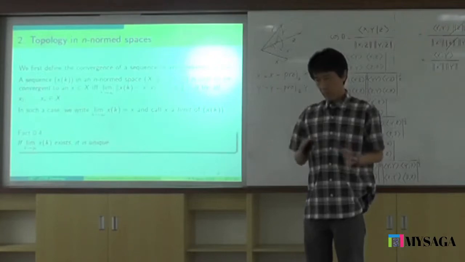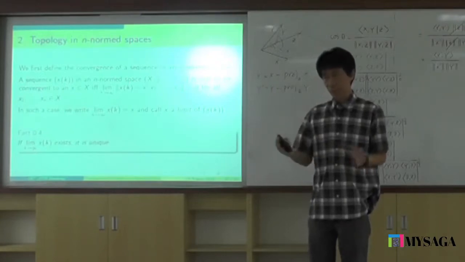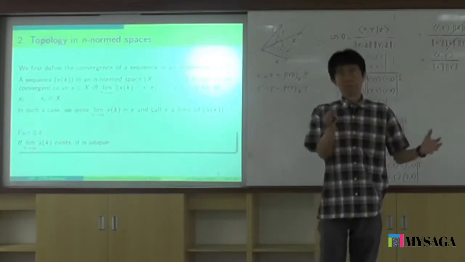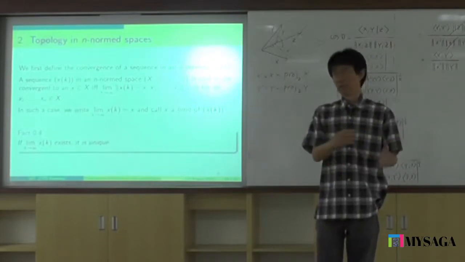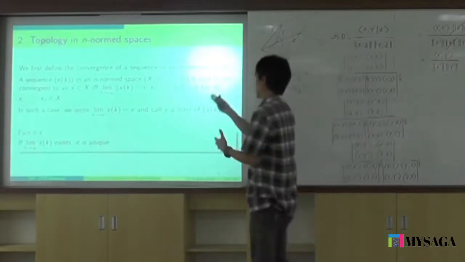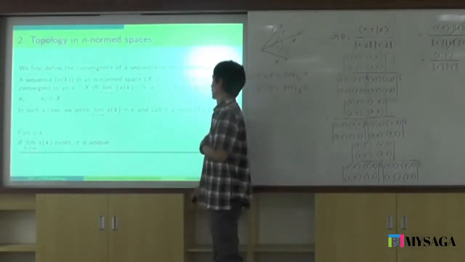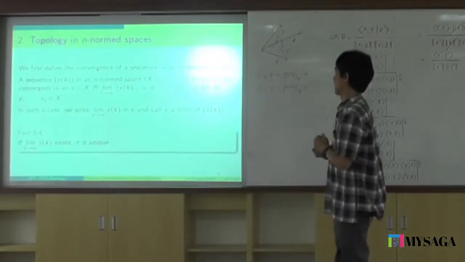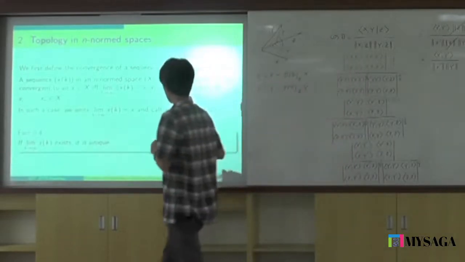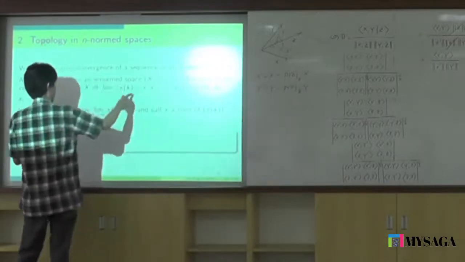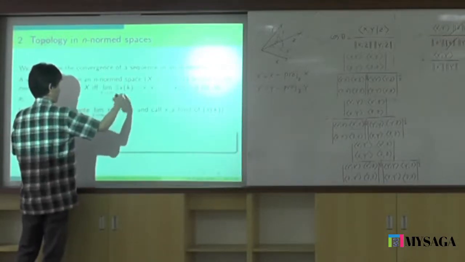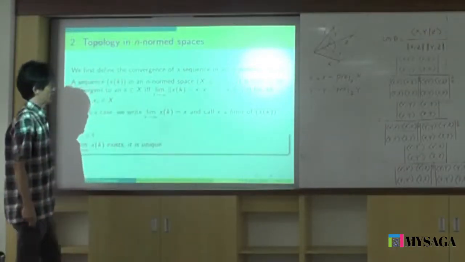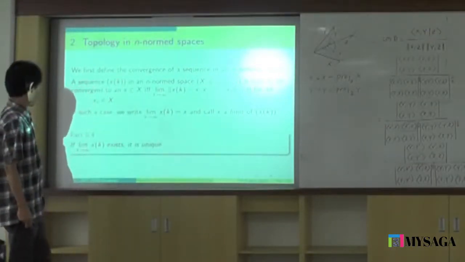Remember, the n-norm is invariant under permutation, so actually you can also play with the other factors, but of course we choose the first factor to be in that position.